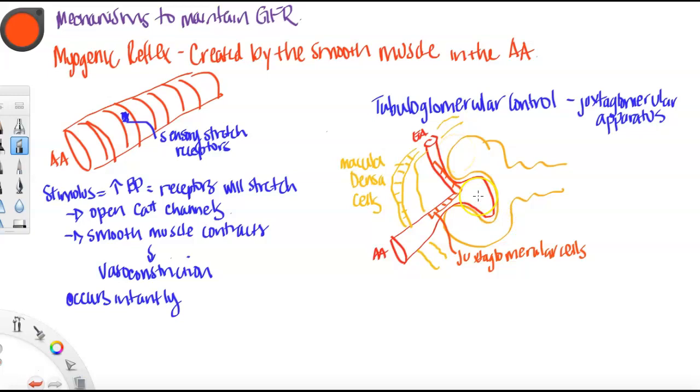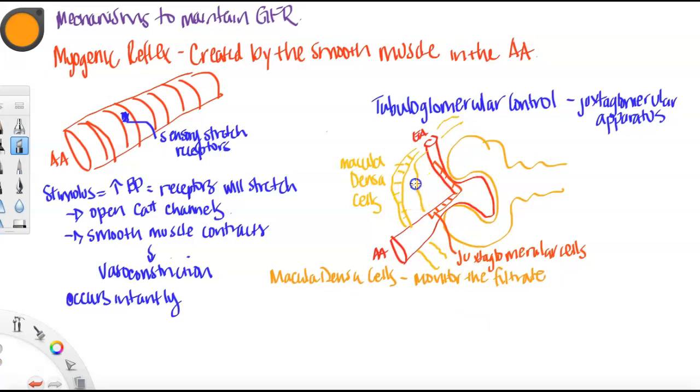So what happens in the juxtaglomerular apparatus? Well, the macula densa cells monitor the filtrate. So, of course, the filtrate is that fluid that's coming through the distal convoluted tubule.